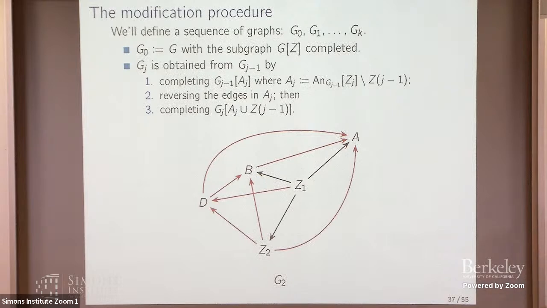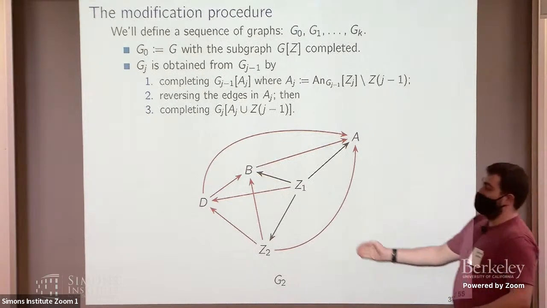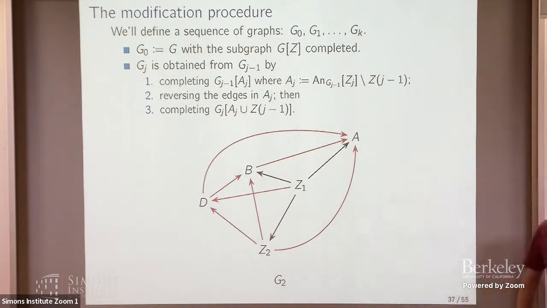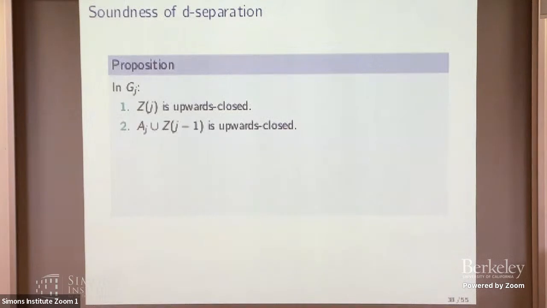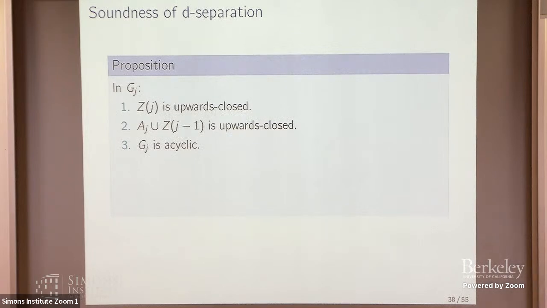Any edge into this ancestor set must have come from another Z vertex earlier. And so when we look at the ancestors union other Z vertices, there are no incoming edges. It turns out that in addition, Gj is acyclic. This is a little bit trickier to see, and I'm not sure it's worth going into detail.